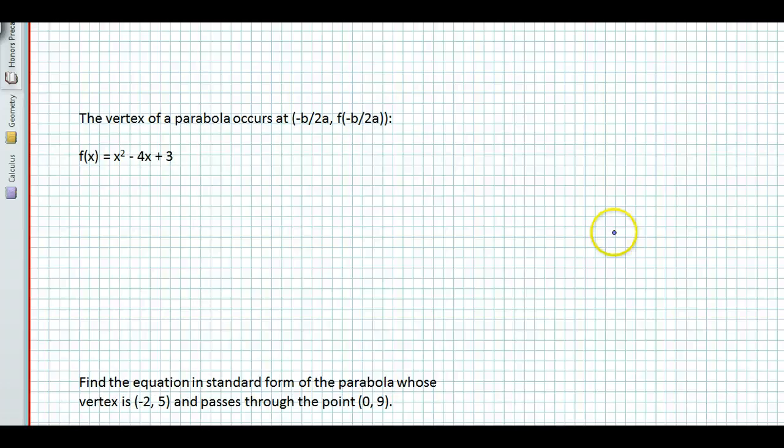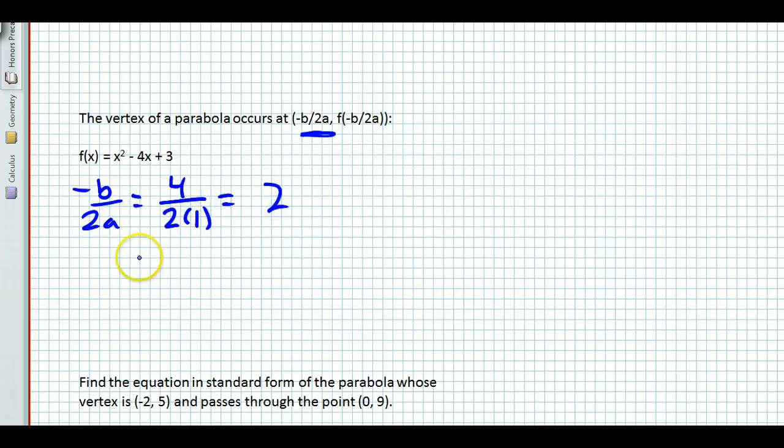Okay, now a quick way to get the vertex is to realize that the vertex of a parabola always occurs at negative b over 2a. And to get the y-coordinate, you just plug that number in. So here's the shortcut. Negative b over 2a is going to be positive 4 over 2 times 1, which is 2. So that's the x-coordinate of the vertex, that's h.